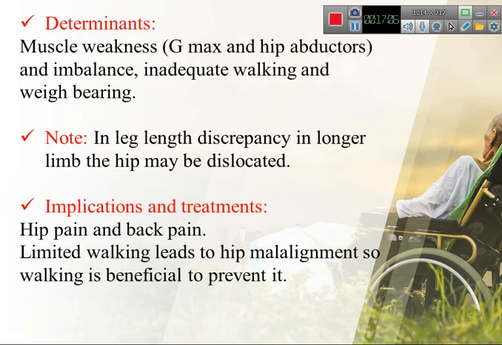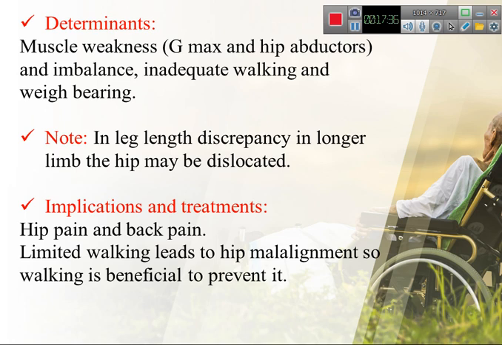But why do they have joint malalignment? Muscle weakness is an important factor that can cause hip malalignment. For example, the gluteus maximus and hip abductor muscles are very important in keeping the hip balanced.